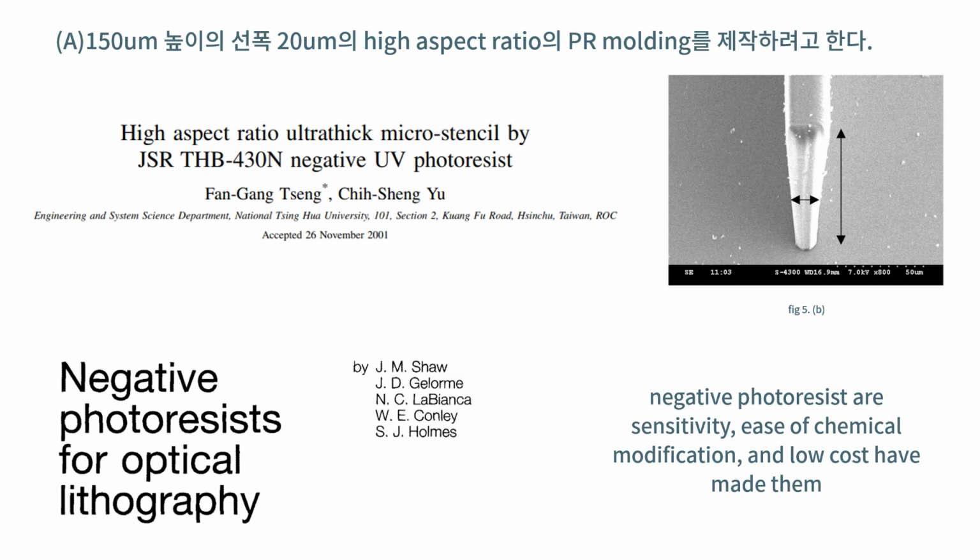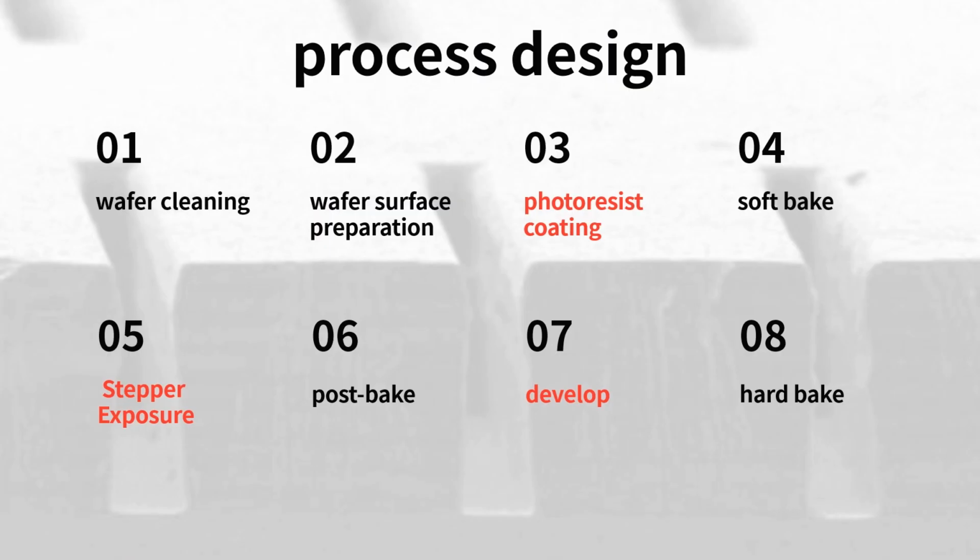Therefore, it was concluded that applying negative photoresist to A, which has a large volume compared to B, is the better choice. In the process of designing the fabrication process, I will focus our explanation on the aspects of photoresist coating, exposure, and development, as those are crucial factors that significantly impact the final outcome. First, as previously explained, a negative photoresist is applied for photoresist coating.